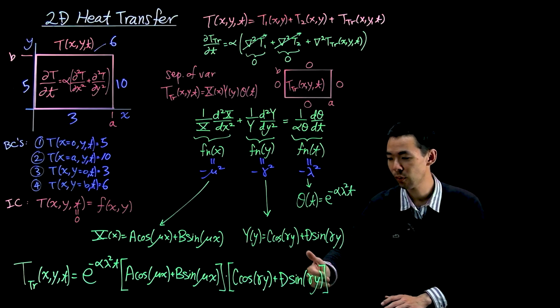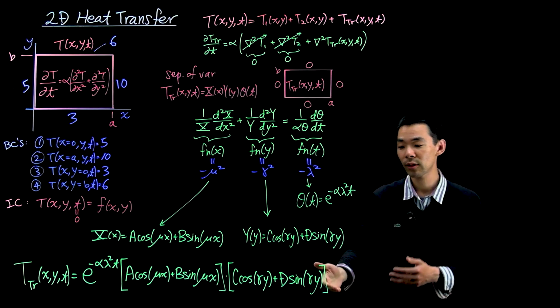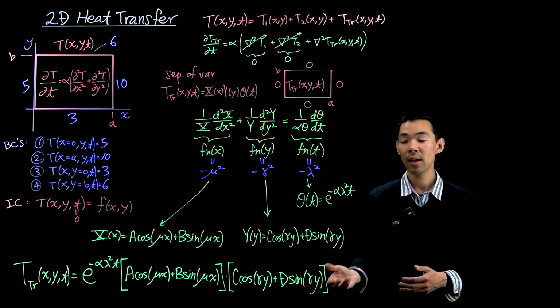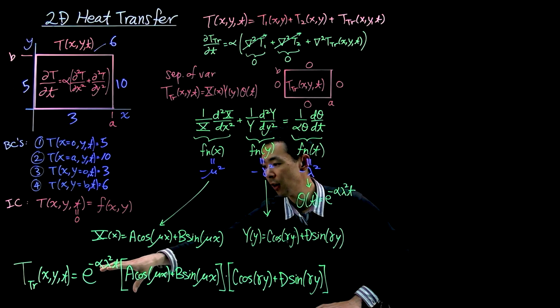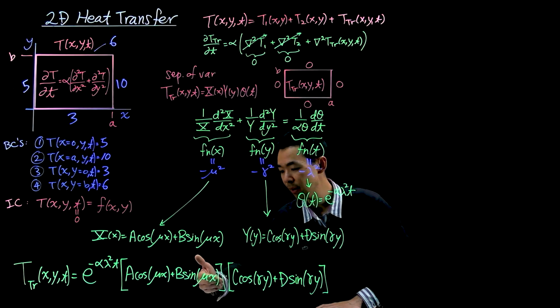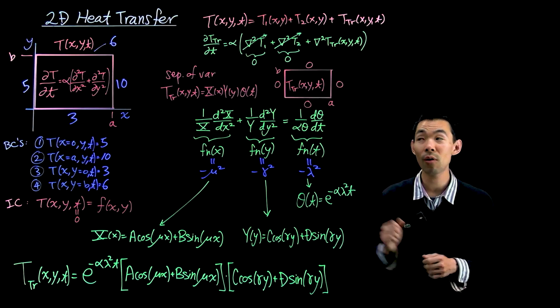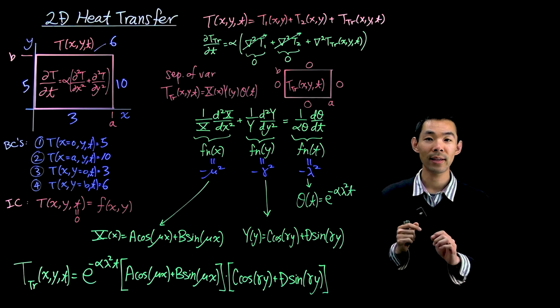Everything over here on the right, because y can vary along the left-hand boundary, there's nothing you can do for this bracketed term on the right. This will just stay as is. But that whole thing, so exponential of negative alpha lambda squared t times a times this function of y must be equal to 0 at the left-hand boundary for all y and time.